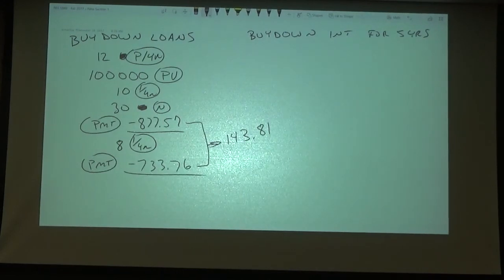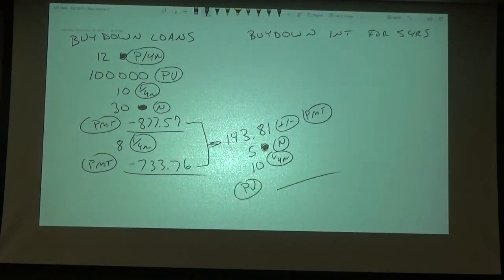Okay, so now what's going to take place is basically taking that difference, putting that in as a payment amount, and then saying, okay, that's going to be good for 5 years, and we want to make sure that the lender is getting the full 10%, and then we're going to solve for present value.